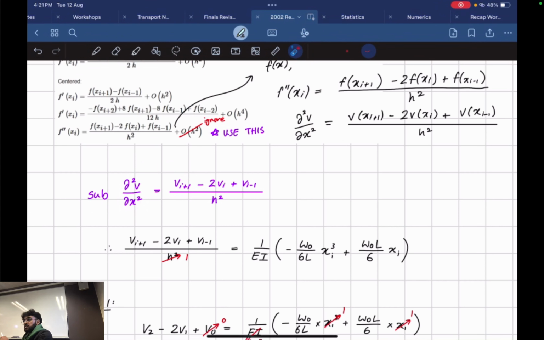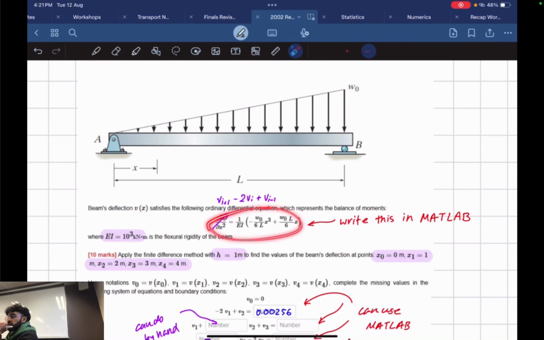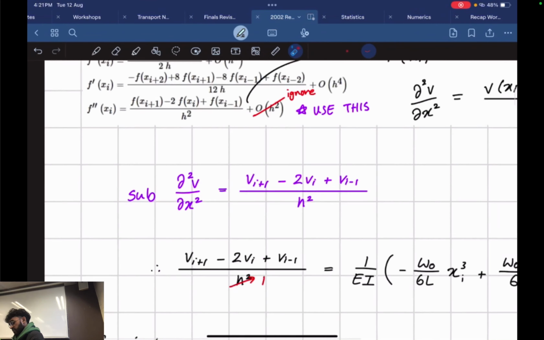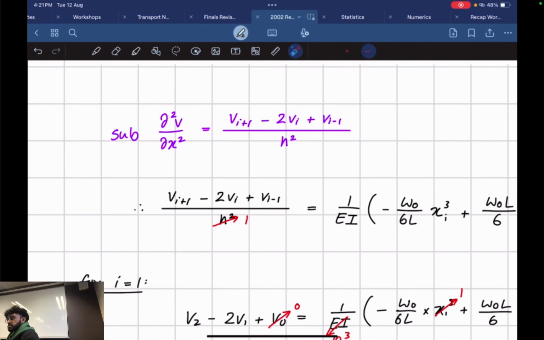Usually, if you want to solve this equation using integration, that would be an analytical solution, which would be much harder to do. But in this course, we only do finite solutions. So we've expressed our derivative as a finite difference, so it's going to be in terms of v.